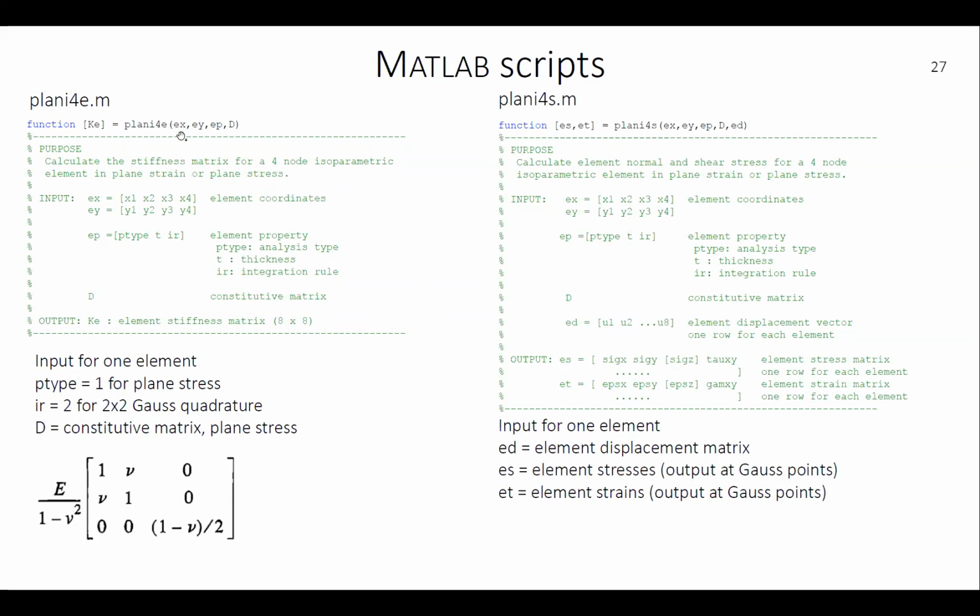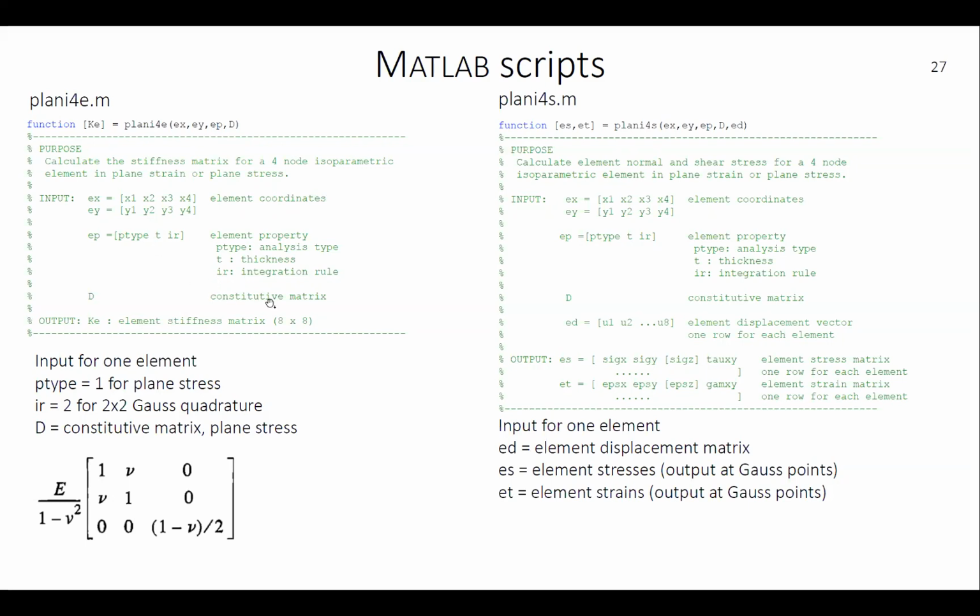The element coordinates are assembled in a vector EX, which is just 1, 2, 3, 4, and similar for the EY, second command. And the third command is the element properties, in which p-type is just a switch, which is 1 for plane stress, which you will be using.